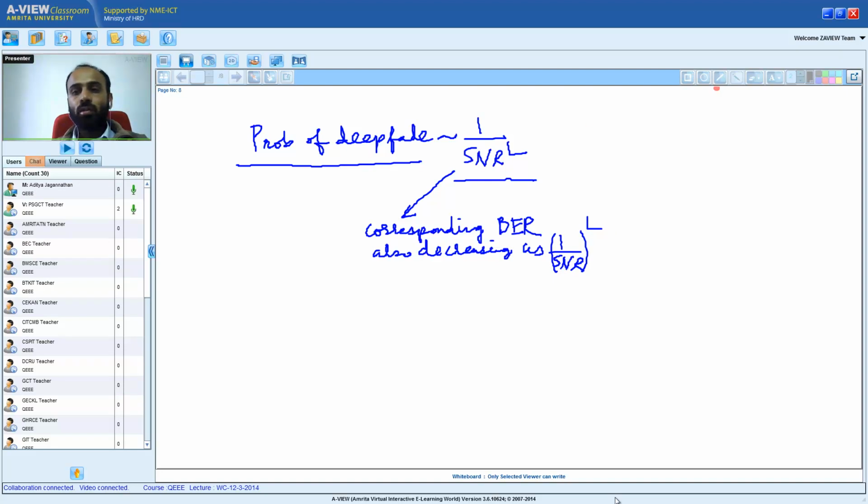What is the intuition behind this probability of deep fade decreasing as 1 over SNR to the power of n? Let me go back and look at the figure corresponding to L receive antennas.